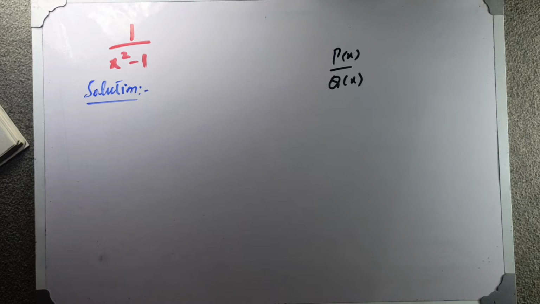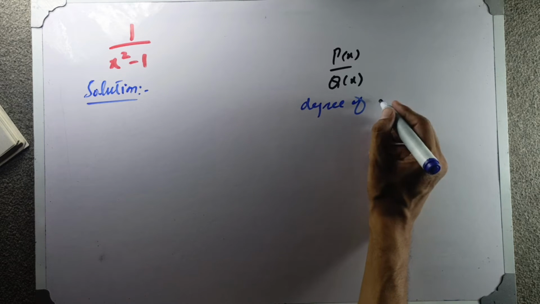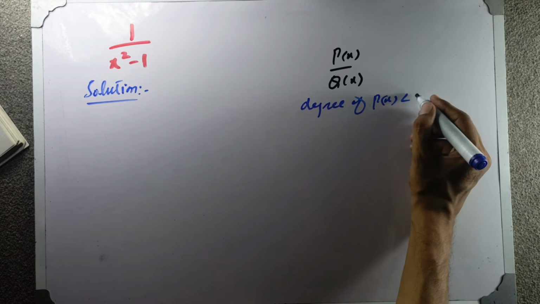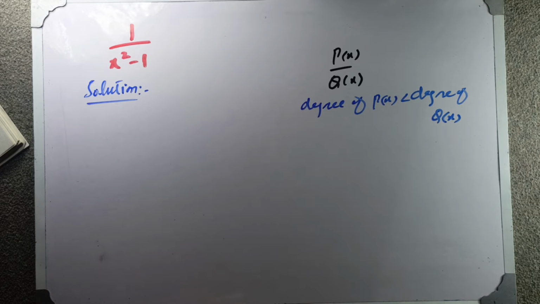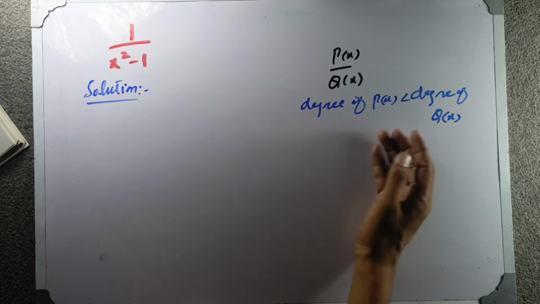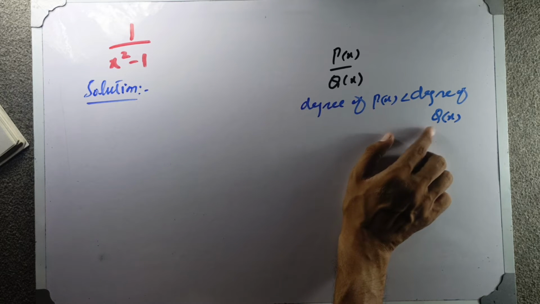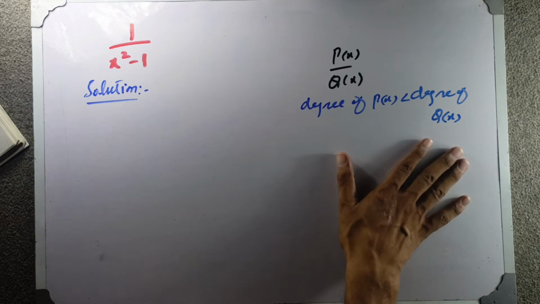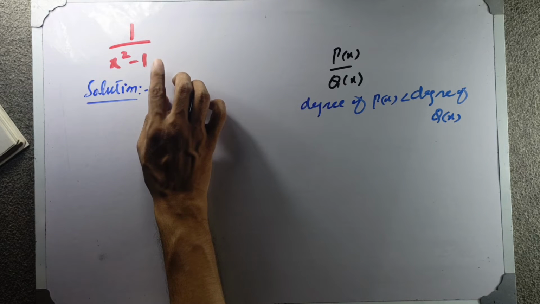If the degree of p of x is less than the degree of q of x, then the fraction is a proper fraction. This is the definition of a proper fraction. If the degree of the polynomial is greater than or equal to the degree of q of x, then this will be an improper fraction. Now in this case we have a proper fraction.